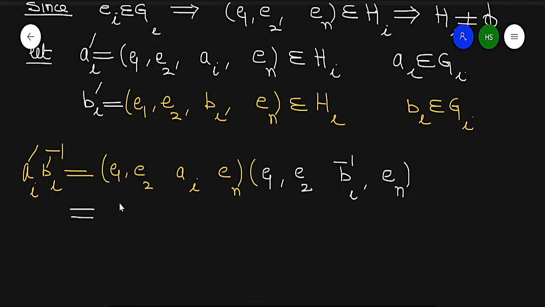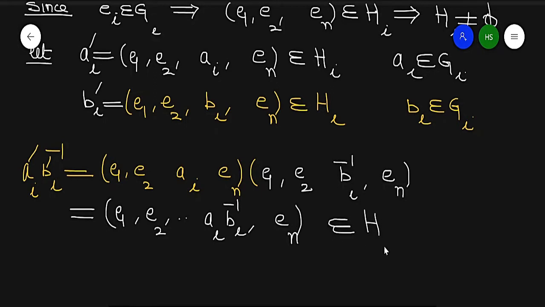Now taking the product, E1, E2 and so on, Ai Bi inverse, and so on up to En. Now this element belongs to Hi. Why does this element belong to Hi? Just check the structure of Hi.